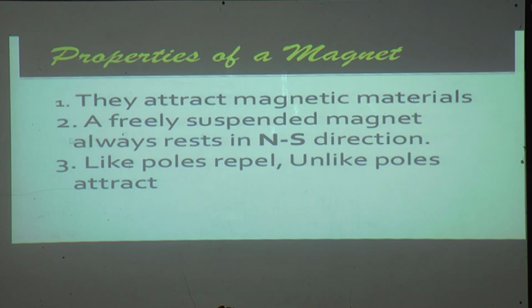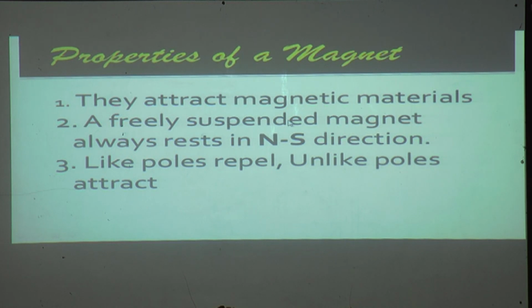Then next, a freely suspended magnet. When we keep a freely suspended magnet, it always rests in a north and south direction. We know on earth which is the south direction and which is the north direction. We learn about directions from our city also.